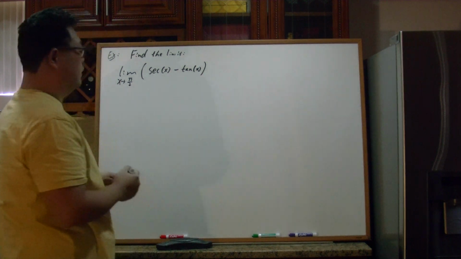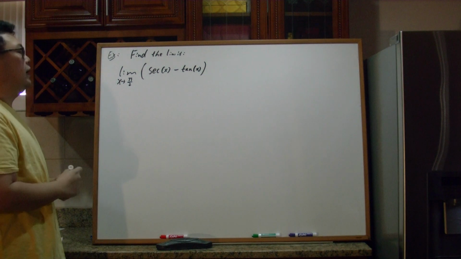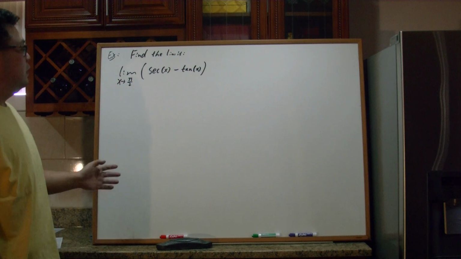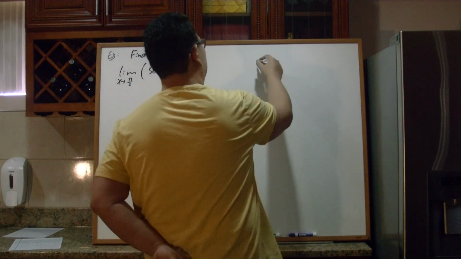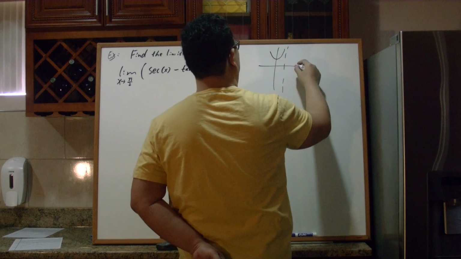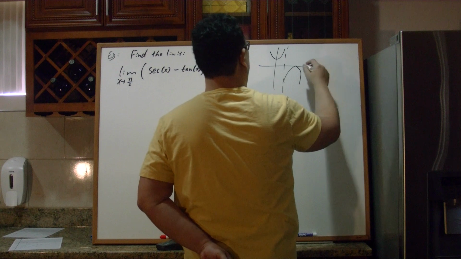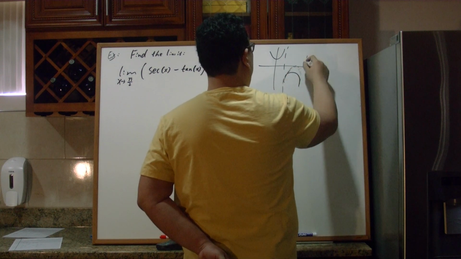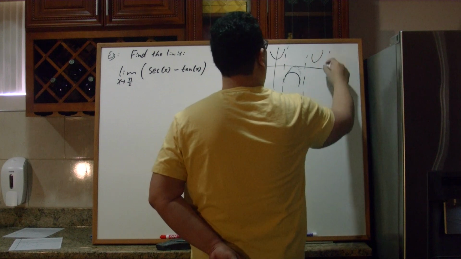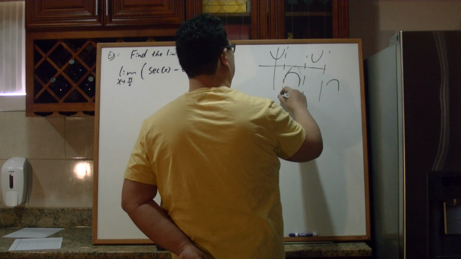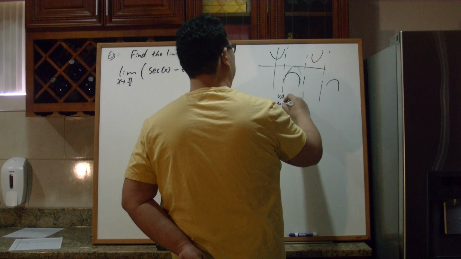form for x approaches pi over 2. Secant is one over cosine, and that cosine yields 0. So secant, if you remember the graph of secant, is this type of curve, negative 1 actually. But it has a vertical asymptote at pi over 2.